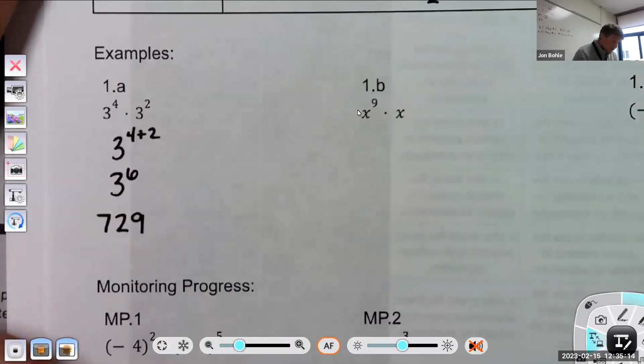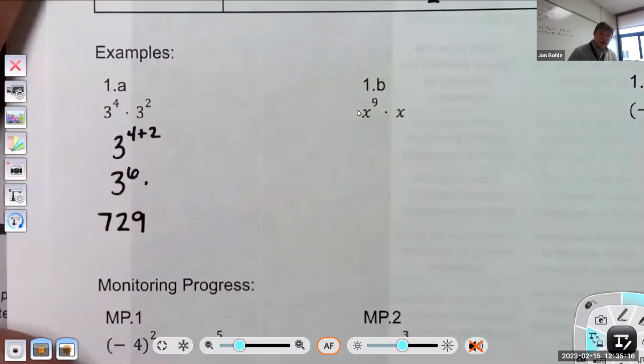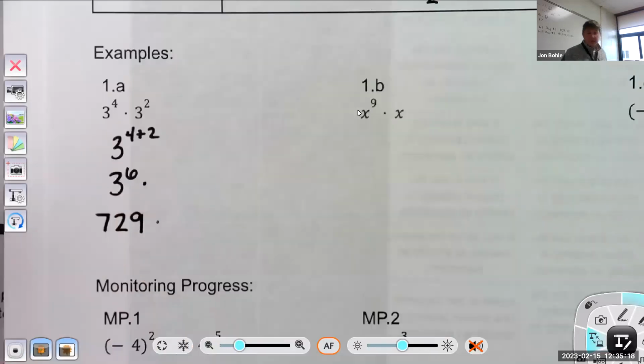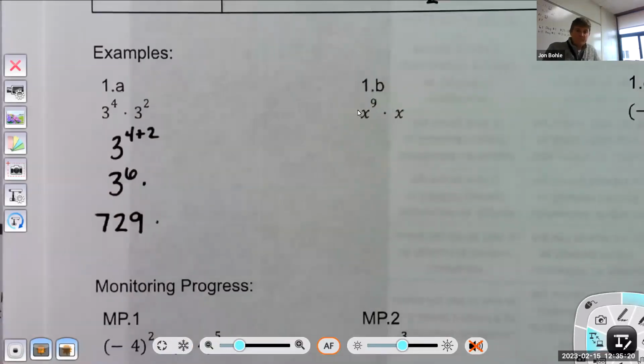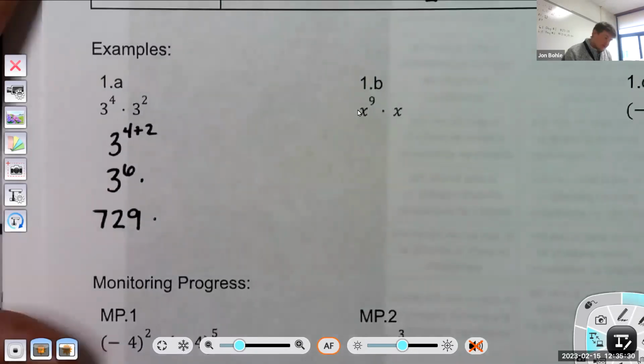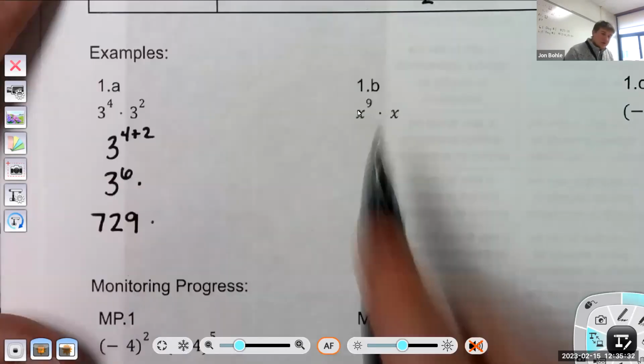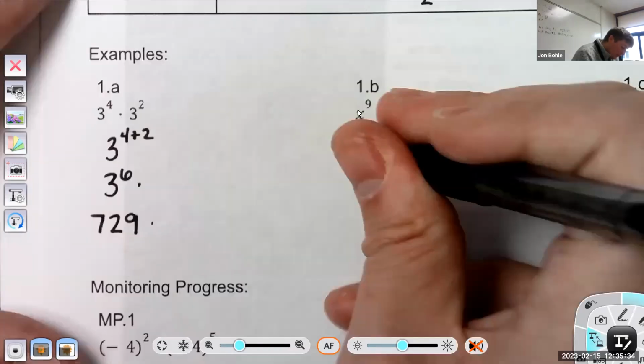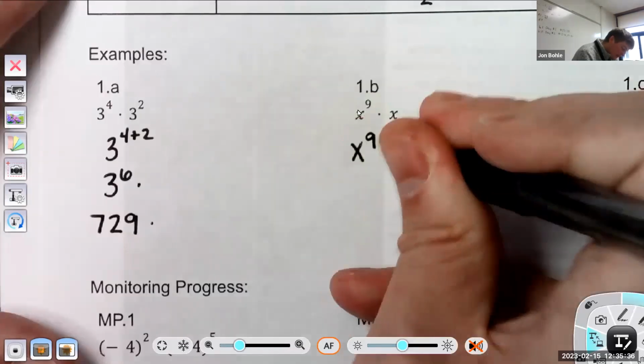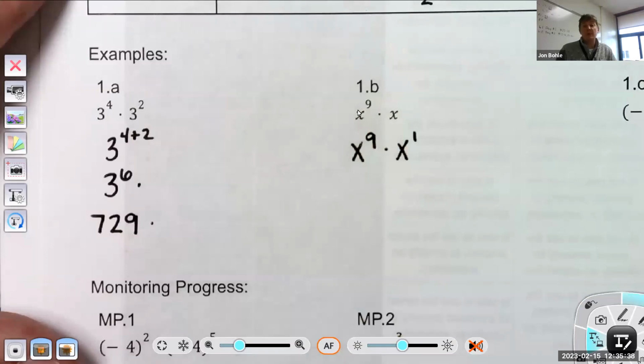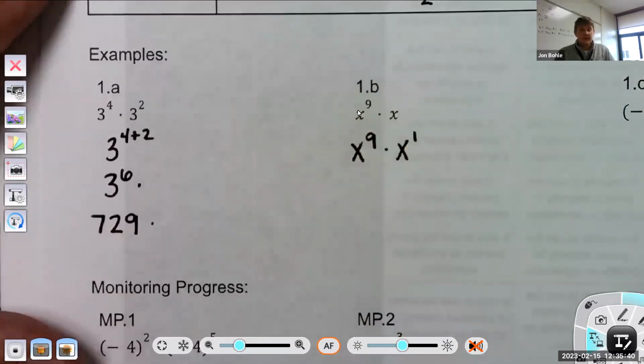Okay, my expectation for you is I'm able to see the base with the exponent and the actual number it's equal to. Okay, 1B. On 1B, we're going to do virtually the same thing. The only thing that makes this one more difficult is that I just have an X. So if I have a number without a variable, it is implied that the exponent is 1.